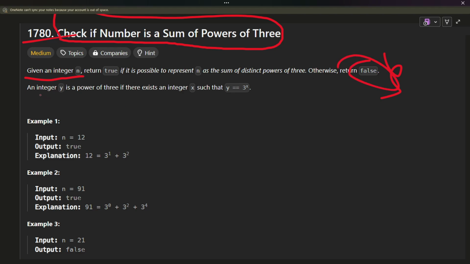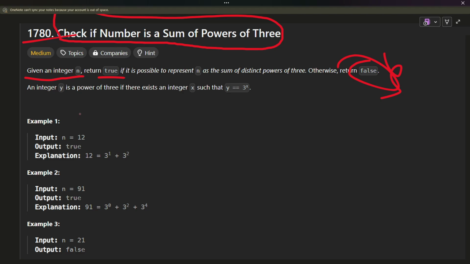So what the question wants to say is that we want to return true if n can be represented as a sum of distinct powers of 3.